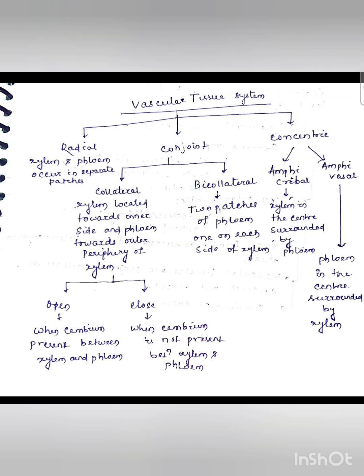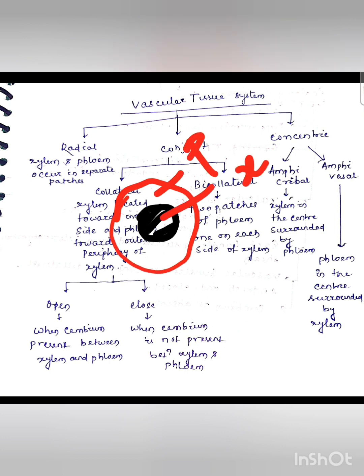Then concentric type. Concentric type means either xylem is completely surrounded by phloem or phloem is completely surrounded by xylem. When xylem is present in the center and completely surrounded by the phloem, it is called amphicribal.